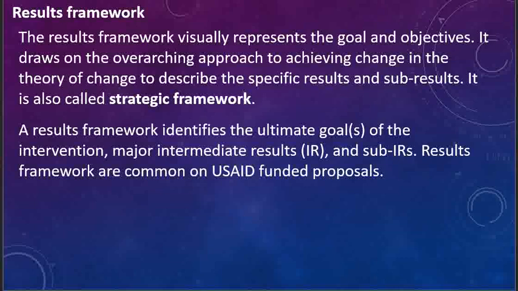Then you are going to have subordinate intermediate results, which are below the intermediate result, and there can be many of them leading to the same intermediate result. Result frameworks are common in USAID funded proposals, just as I've mentioned.